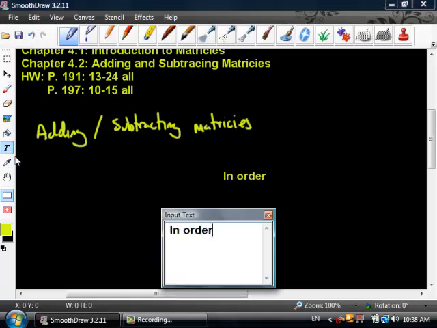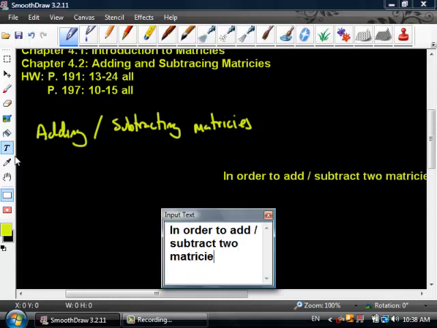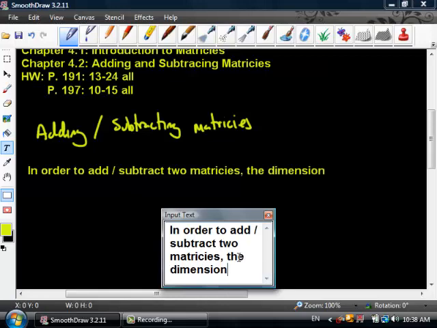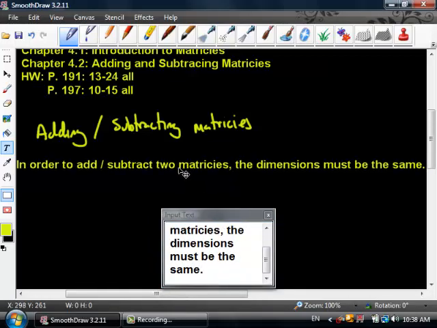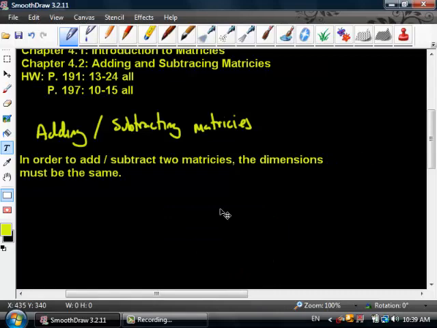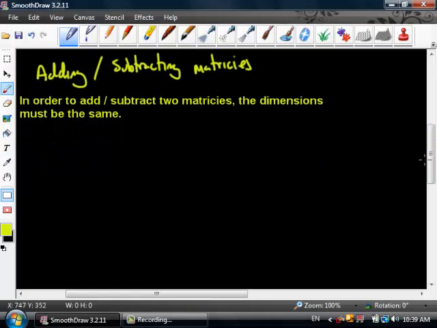In order to add or subtract two matrices, the dimensions must be the same. All right? So, I will give you an example of that.